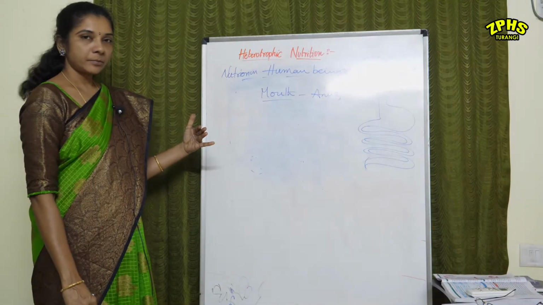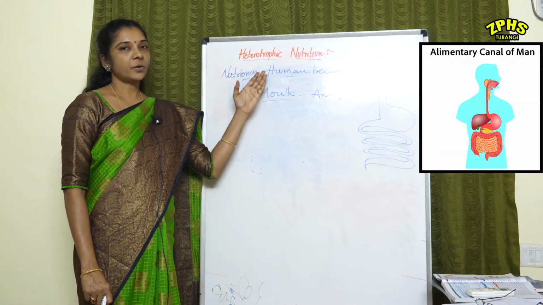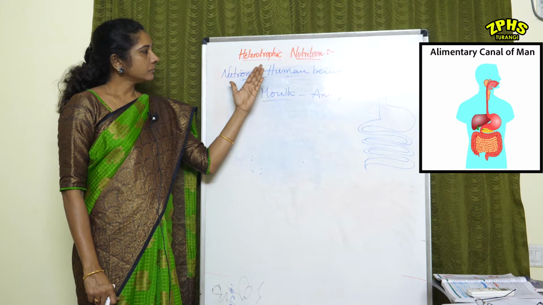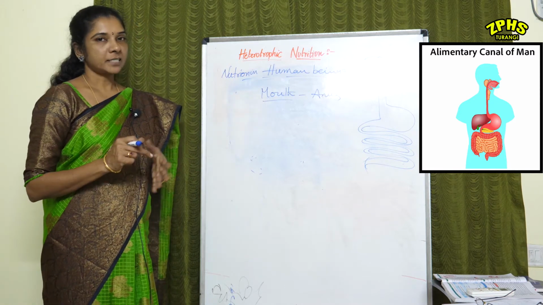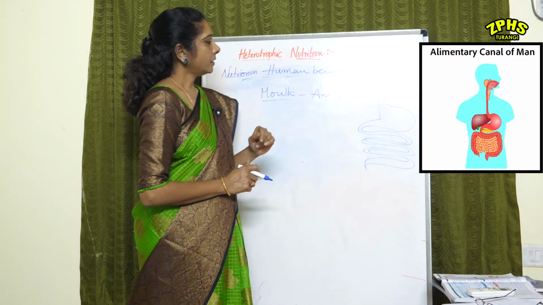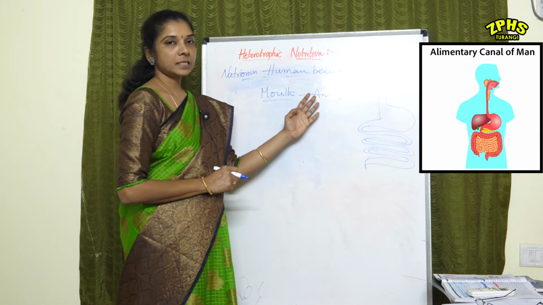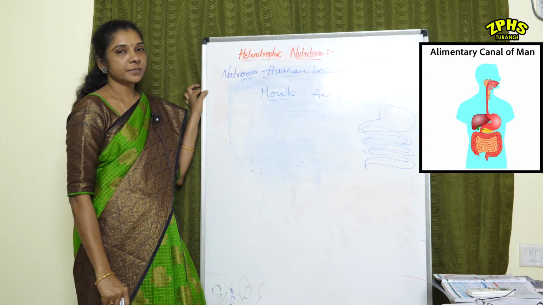Let us learn about nutrition in human beings. As we are multicellular organisms, we need a complex digestive system. It is known as the alimentary canal, which starts from the mouth and ends with the anus. What is digestion?